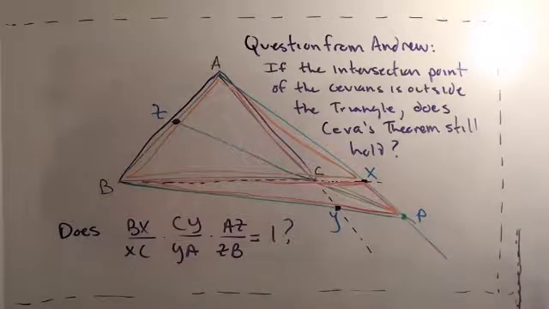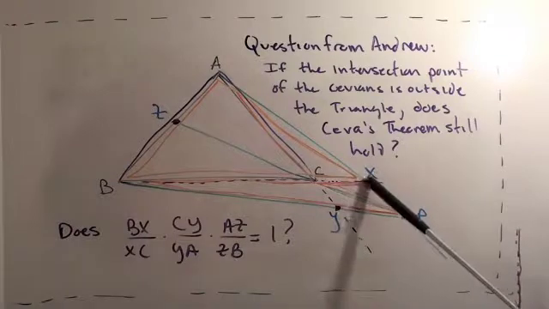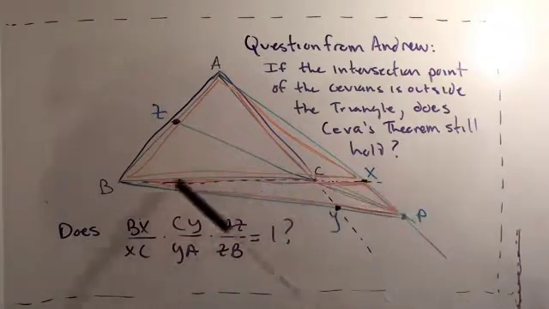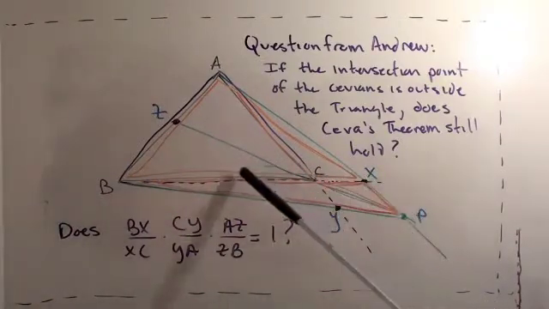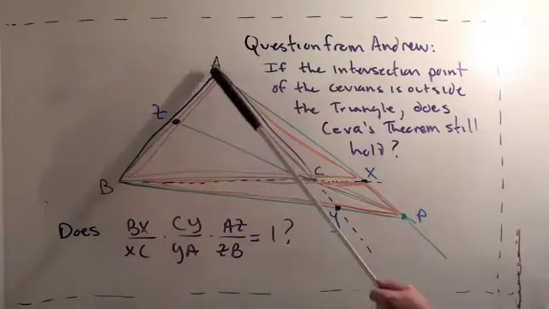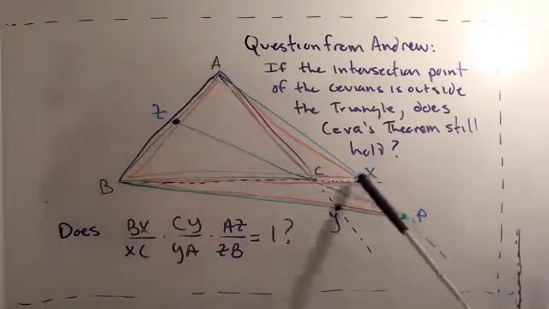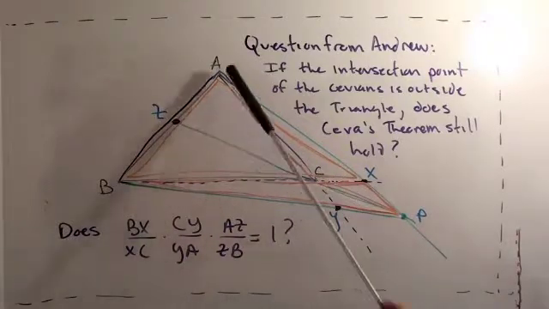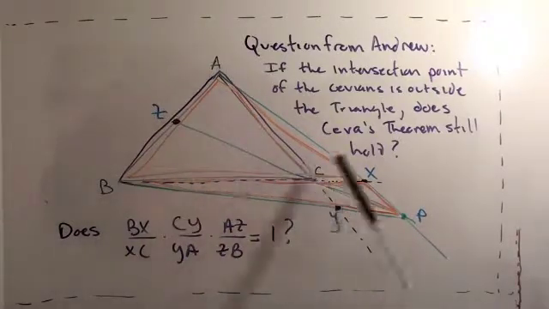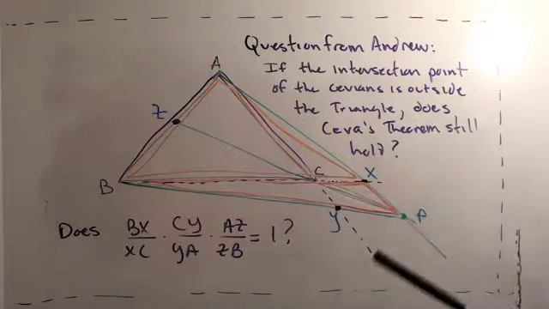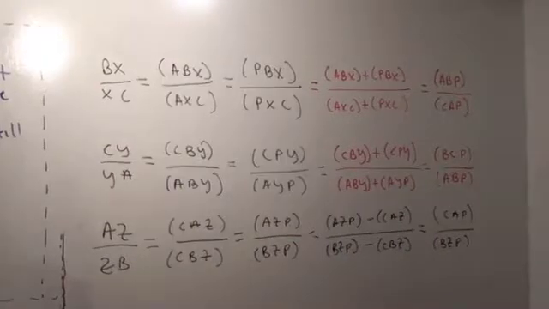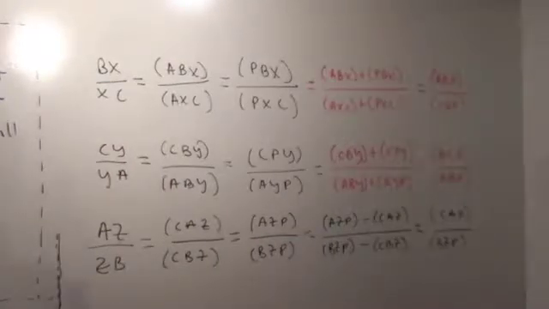The first thing we notice is that BX and XC have a base here and a height going up to A. So if we look at the triangles ABX and AXC, those two triangles have the same height, and we know that BX over XC is the ratio of the areas of those two triangles, ABX and AXC.